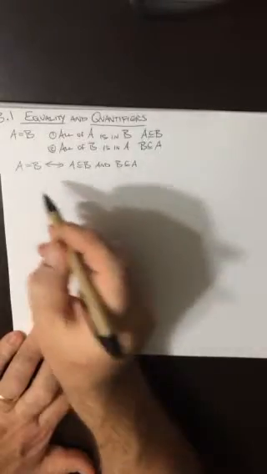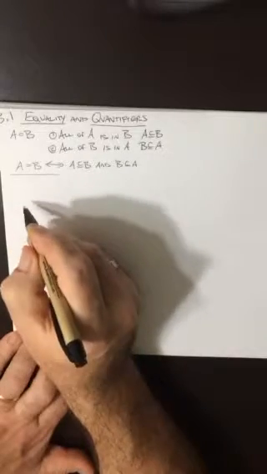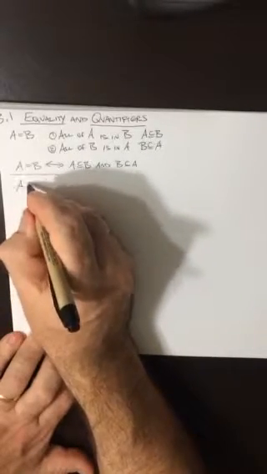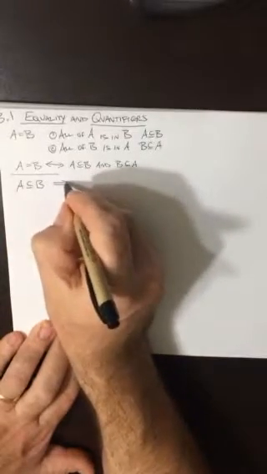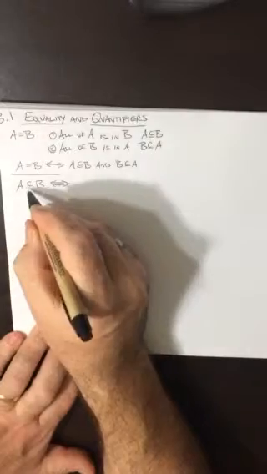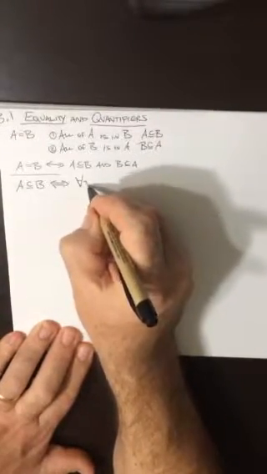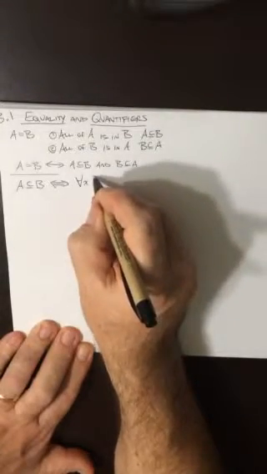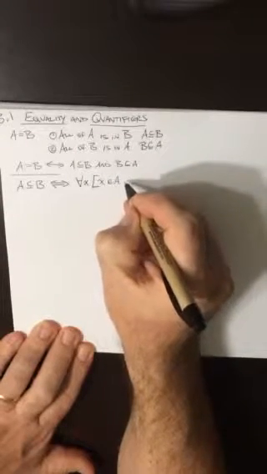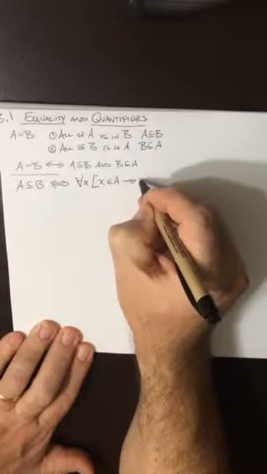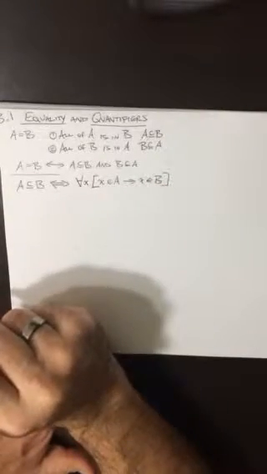Now, let's build ourselves up to this. So let's just take a break for a second from this idea of equality. Let's go back to this. If we say that A is a subset of B, what we're saying is this statement, A is a subset of B, is logically equivalent to, for all x, if x is an element of A, then x is an element of B, right?